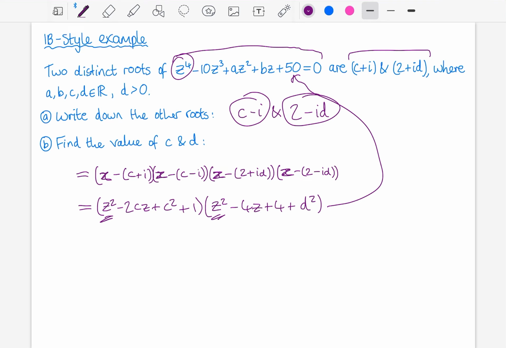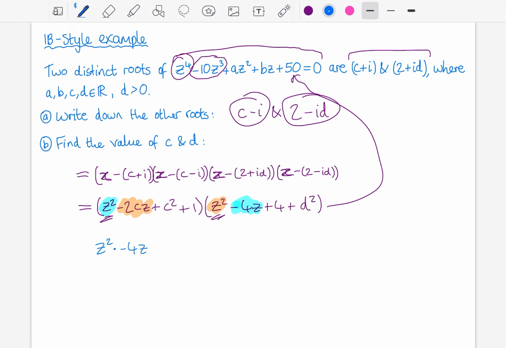What about z cubed? Z cubed has a coefficient of minus 10 at the end. The z cubed terms come from z squared times minus 4z and z squared times minus 2cz. So let's multiply those terms together.